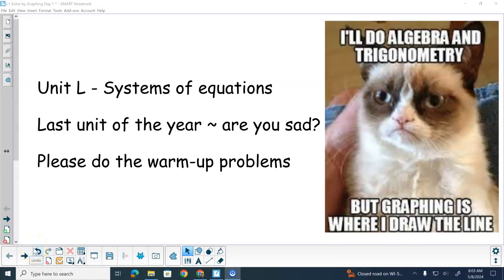Not only do you need a straight edge to do all of unit L, I shouldn't say all of unit L, but the first part of unit L, okay? But you need to be accurate with unit L, okay?